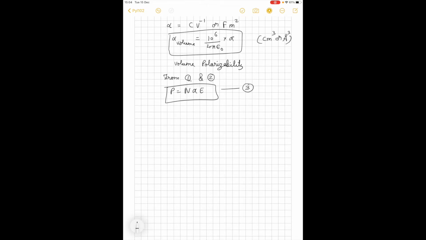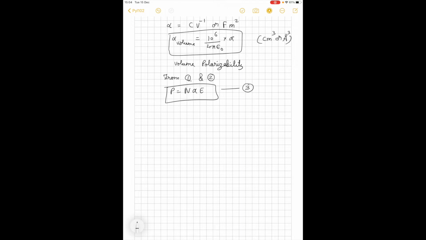So this is one way of writing P, the dielectric polarization. I will calculate this P using some other quantity which I'm going to define, and then we'll equate equation number 3 to that.